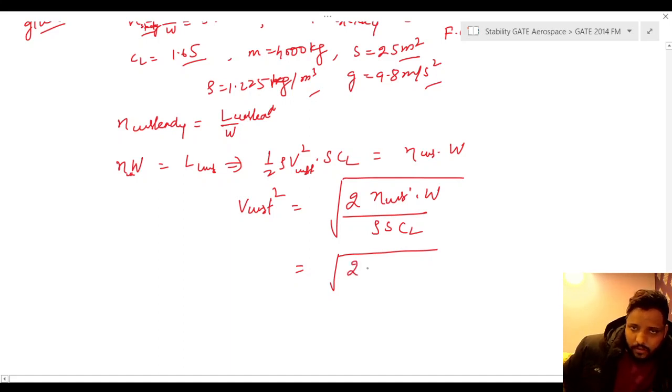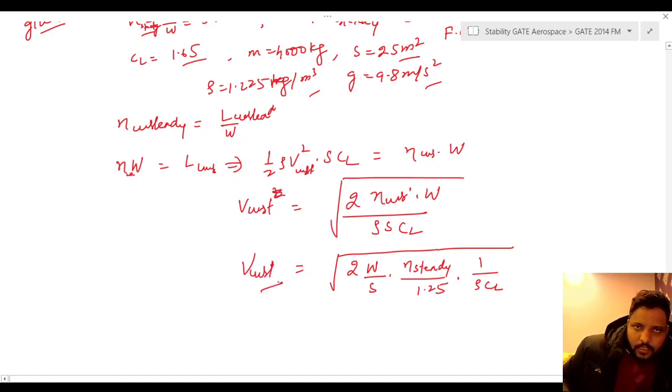So twice of W by S into n steady by 1.25 into 1 upon rho into CL. This will give V unsteady.